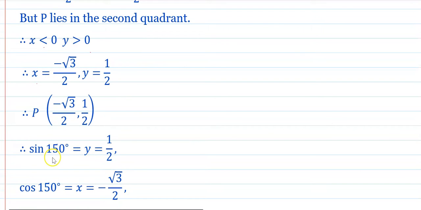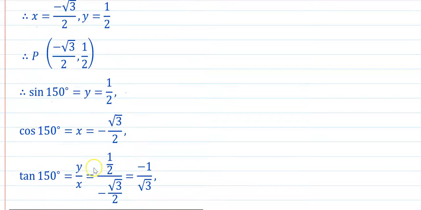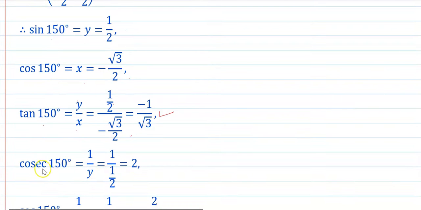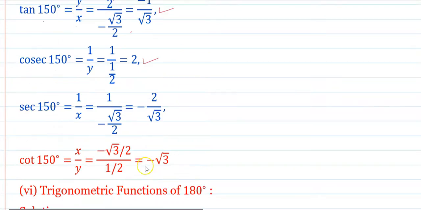And hence, sin 150 is y, that is equal to 1 upon 2. Cos 150 is x, minus root 3 by 2. Tan 150 is y upon x. y is 1 by 2, x is minus root 3 by 2. 2 get cancelled, you will get minus 1 upon root 3. Cosec 150, reciprocal of sin, 1 upon y. 1 upon 2, its reciprocal is 2.